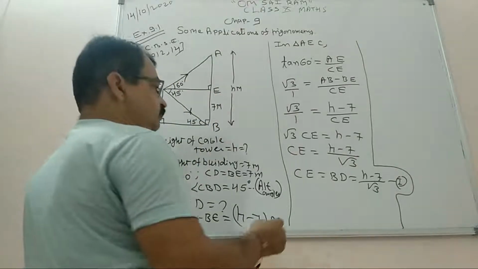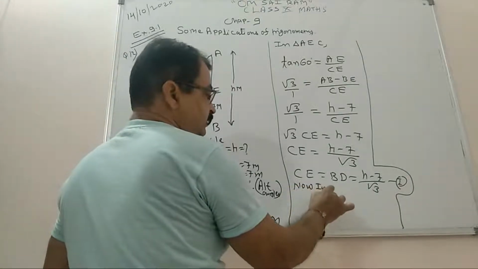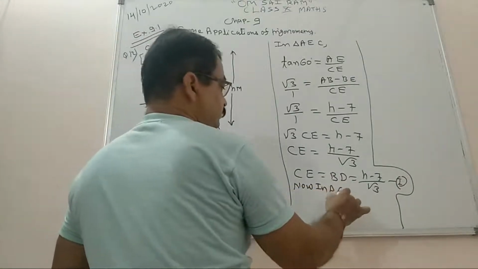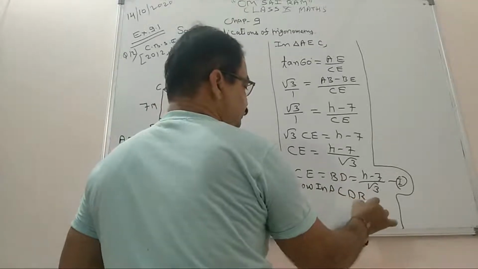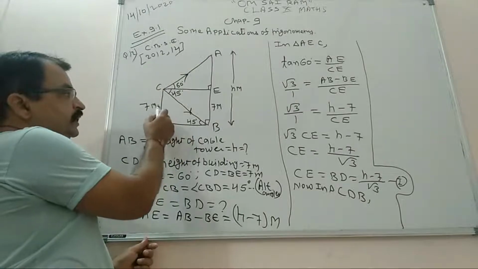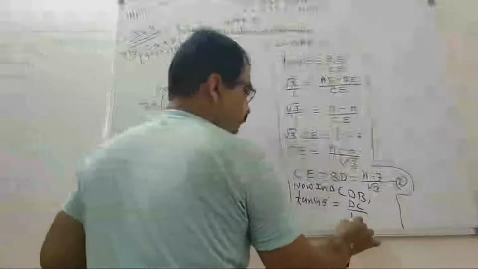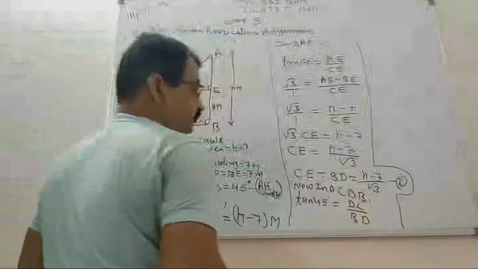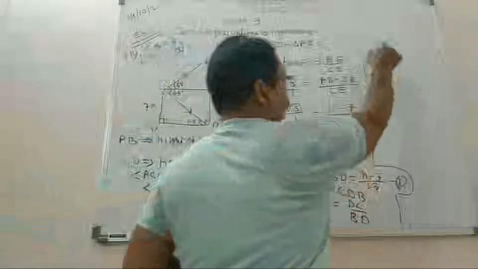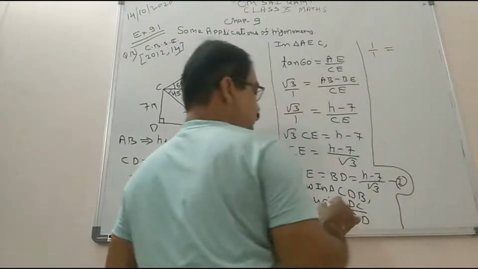So now in triangle CDB, now see, upon the adjacent side is BD, right? So tan 45 value you know. What is tan 45? It is 1. So 1 upon 1, according to the trigonometric table.